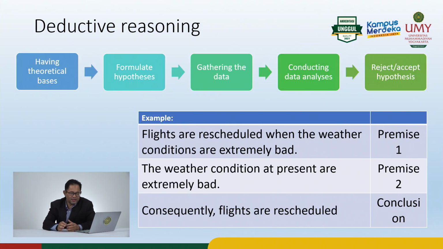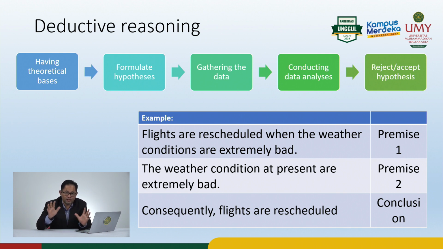Then the next one is deductive reasoning. Deductive reasoning starts from the general to the specific. It starts from a theoretical thing, from the general one. Let's say, for instance, if you often go somewhere using an airplane, there is a general rule: flights are rescheduled when weather conditions are extremely bad.